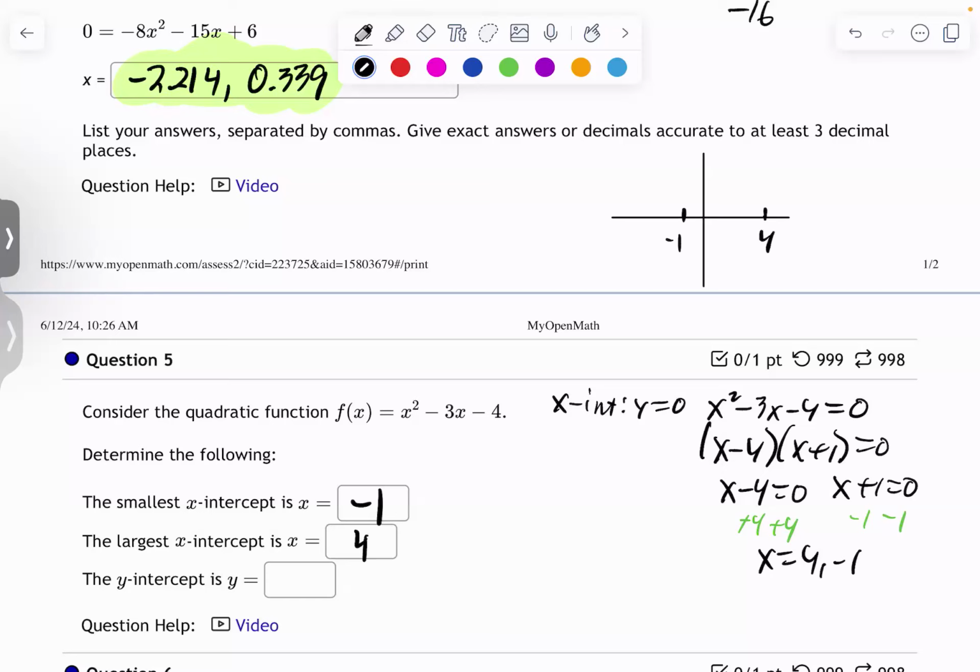and the y-intercept is when x equals 0. So f of 0, this is -4. So we have something like this, and our graph is going to look like this.